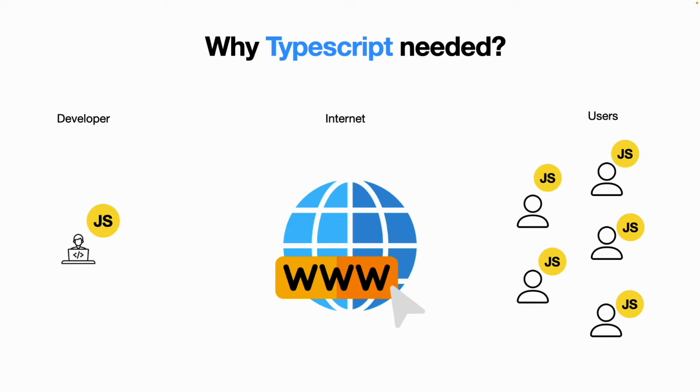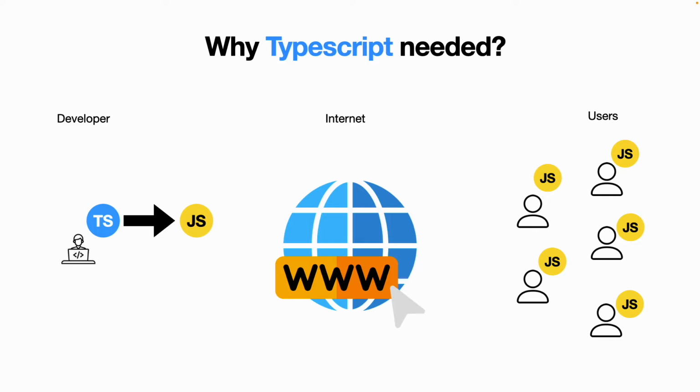So here is where TypeScript plays a very good role. Now our developer will not write code in JavaScript, in which he was facing some problems. He will write the code in TypeScript. When the code is compiled, it will give output in JavaScript itself, and JavaScript can be understood by all the devices over the internet.